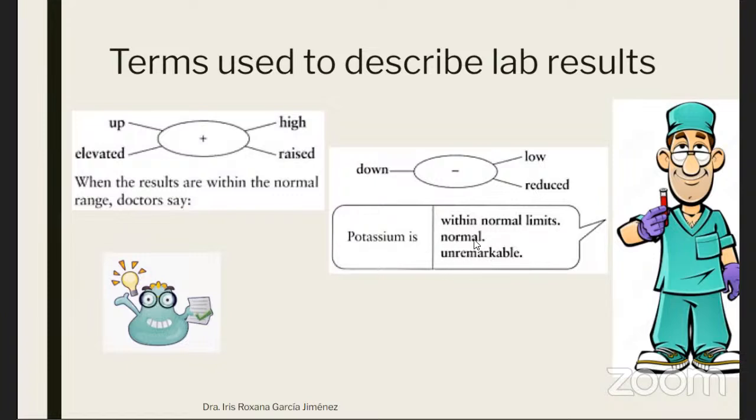Three ways to give the same information. If the level of the element is high, we can say potassium is up, is elevated, is high, is raised. And the opposite situation, potassium is down, potassium is low, or is reduced.